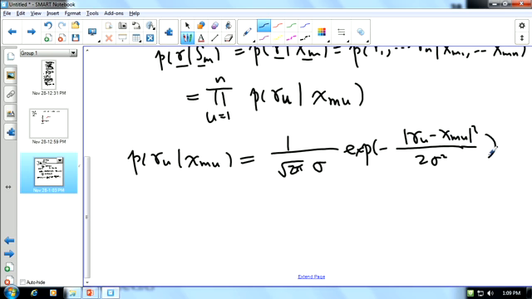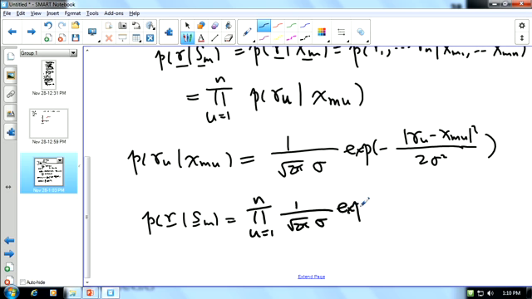This is for BPSK. If it's QPSK, it's going to be more complicated. So basically, we can write the likelihood function together as the product, u from 1 to n, of 1 over the square root of 2 pi sigma squared, where sigma squared is the variance of the AWGN, times the exponential of minus (R_u minus X_mu) squared over 2 sigma squared.